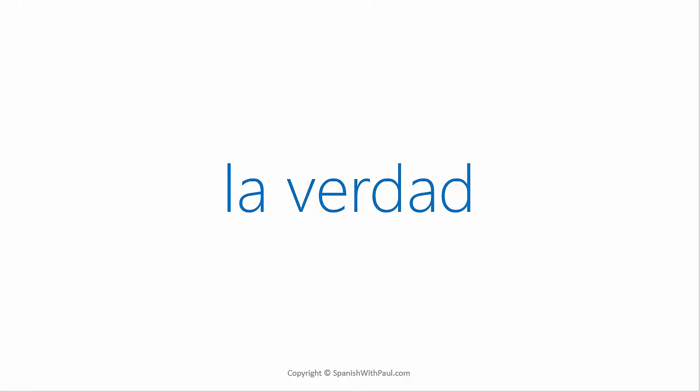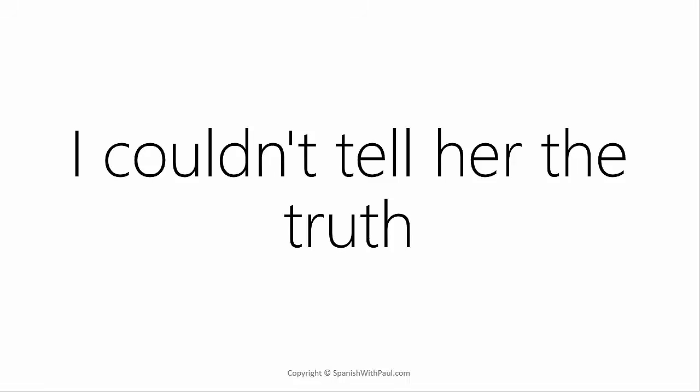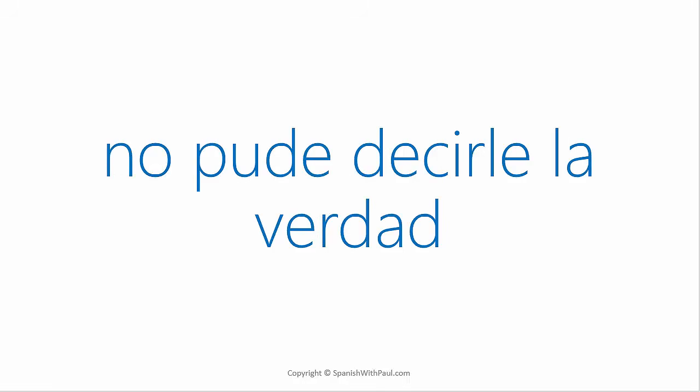The word for the truth in Spanish is la verdad. La verdad. How would you say, I couldn't tell her the truth? No pude decirle la verdad. The word for about, there are a few of them in Spanish, but the one we normally use is sobre.